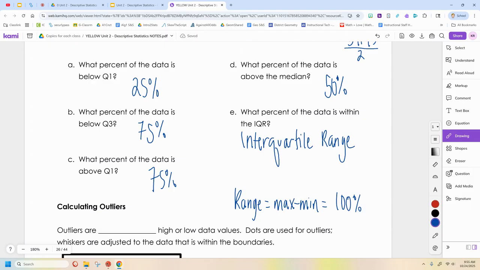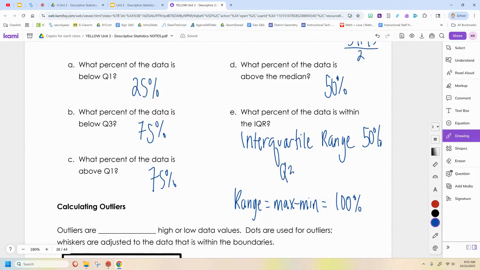So when we look at a center and we look at the spread, we want to kind of focus on that middle. And for box and whisker plots, it's focusing on the middle 50%, right?